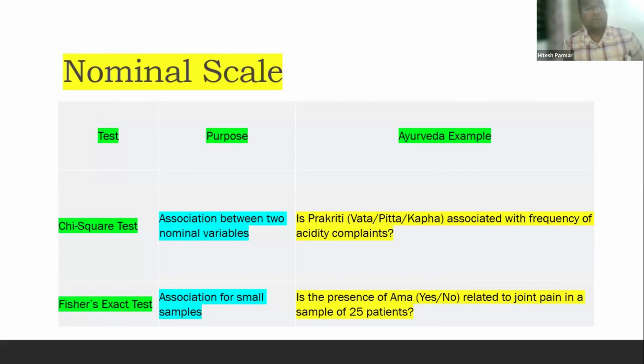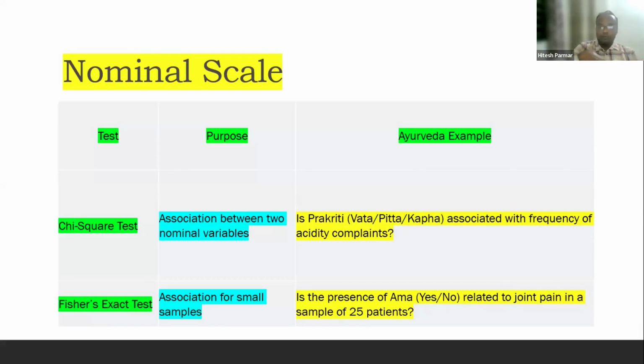Say for example that both variables are nominal. Take Prakriti, where there are three types, associated with the frequency of acidity complaints. Can we say any one type of Prakriti has more complaints of acidity and the other two have fewer?